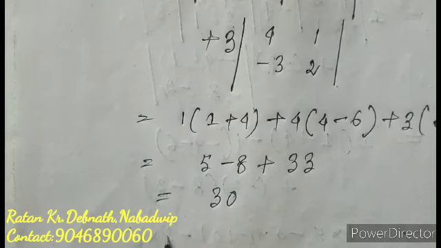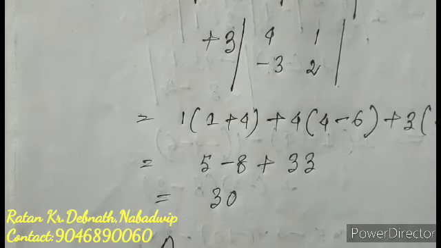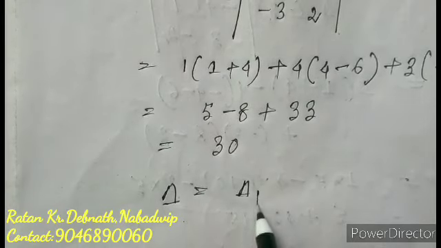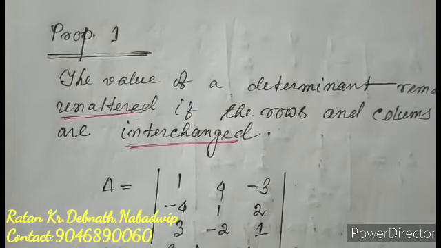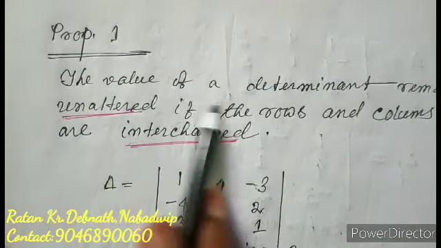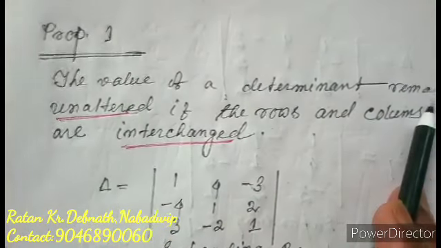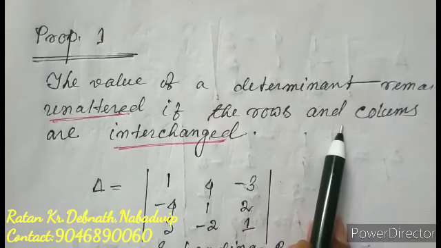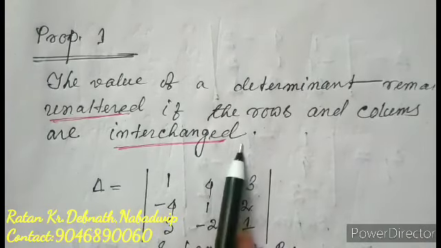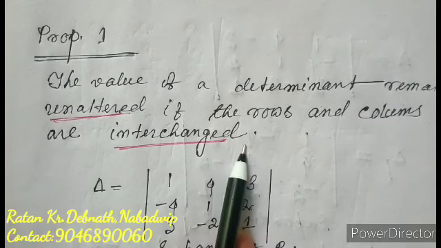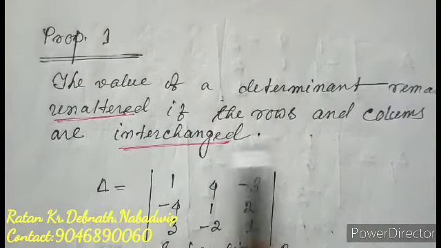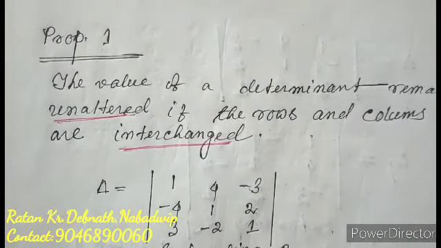Therefore we can say delta equal to delta 1, that is, the value of a determinant remains unaltered if the rows and columns are interchanged. I think you understood this property. Now try to memorize this property.